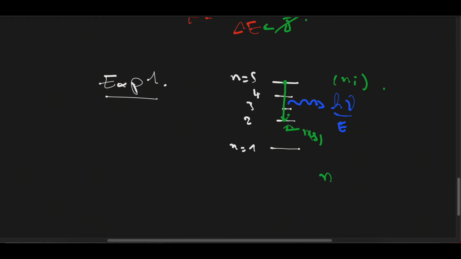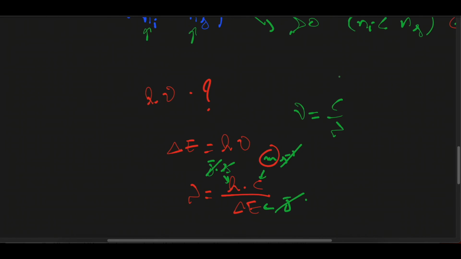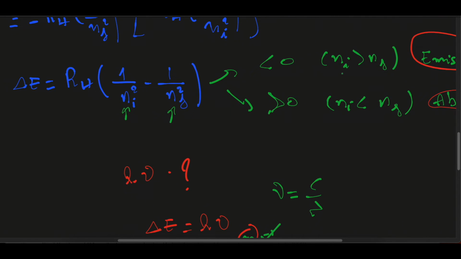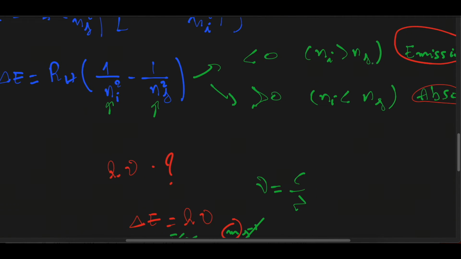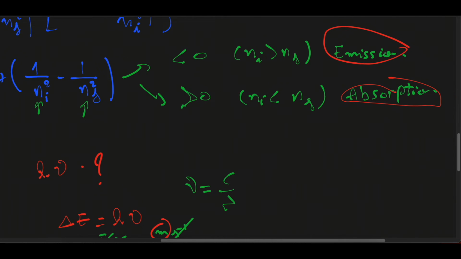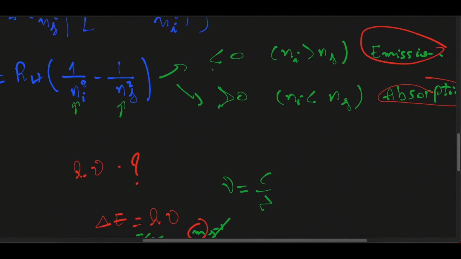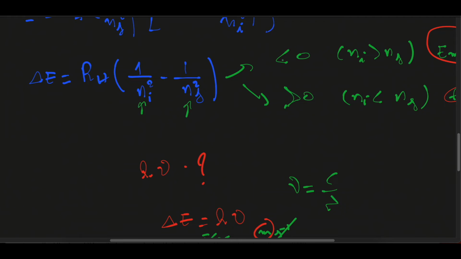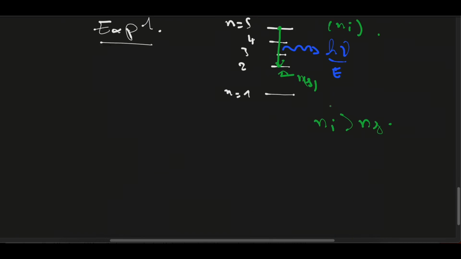So here we can see that the initial n is greater than the final n, and as we said, when the initial n is greater than the final n, we have an emission process where the difference in energy will be negative.